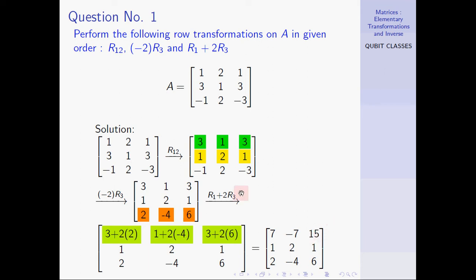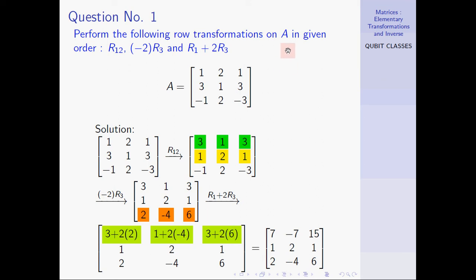So in this operation R1 plus 2R3, we have taken an element in the first row and added to it the corresponding element in the third row, but with this 2 as an additional multiple. So R1 plus 2R3 gives us the new first row.